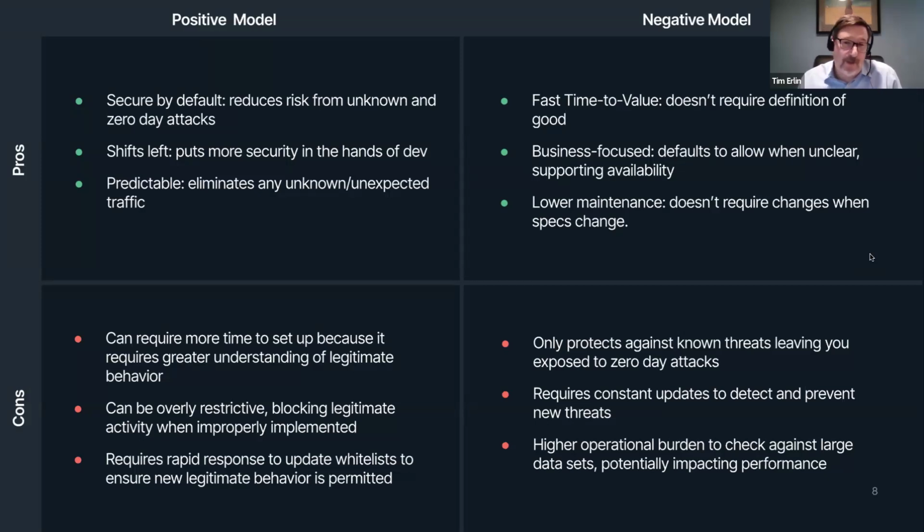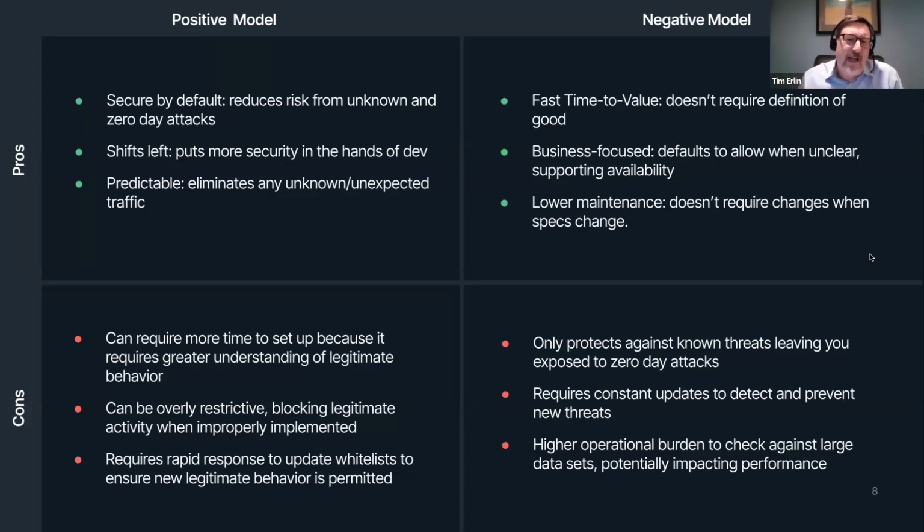On the flip side, we should talk about the cons, of course. The con for the negative model is it only really protects you against threats that can be detected as bad. So it could potentially leave you exposed to things that it can't identify as bad that are in that sort of unknown category. It does require updates to detect and prevent new threats. So those updates might not require much effort from the customer, from the user, but somebody has to put in the effort to make sure that whatever tool is employing that negative model continues to be effective at identifying bad events or bad traffic.